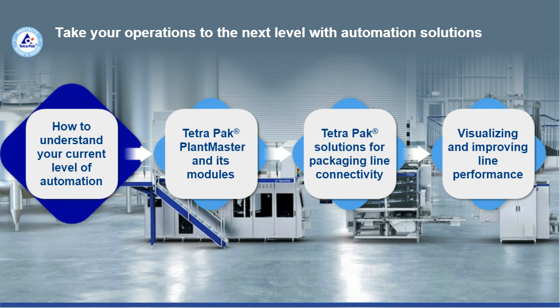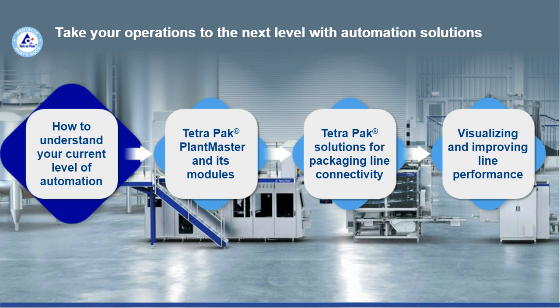Based on Tetra Pak knowledge and feedback from our customers, we identify 4 key areas for the automation solutions, which we can focus on and where we can bring your operation as a producer to the next level. First, it's to understand your level of automation. It's quite a critical point, to understand where I am today.